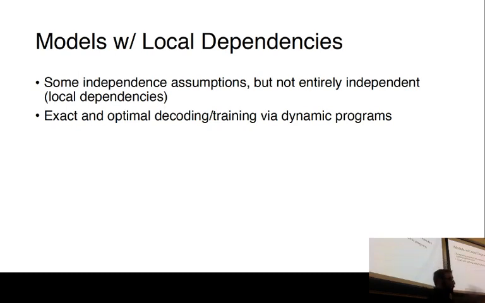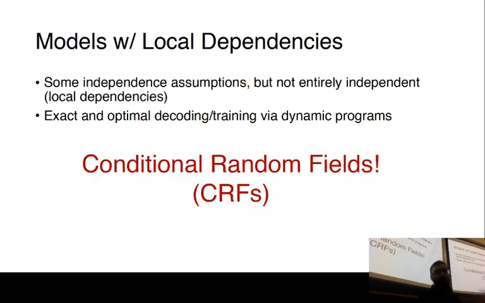So what we want is a model that does make some independence assumptions, but is not entirely independent. So we want something like local dependencies, and we want to do exact inference on it, as well as training. And the way that we do that is with conditional random fields, or CRFs.